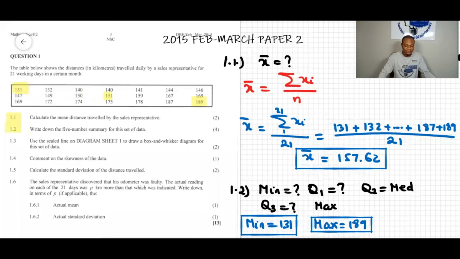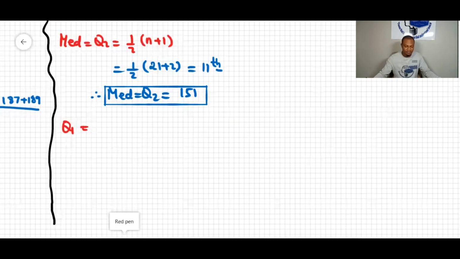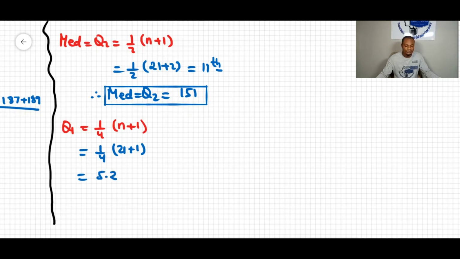Now I'm going to look at the middle value. Because it's 10 on the left hand side of the median, it must be between the 5th and the 6th. If I use the formula, it must be 1/4 times n plus 1, which is equal to a quarter times 21 plus 1, which will make 5.5, excuse me, 5.5.